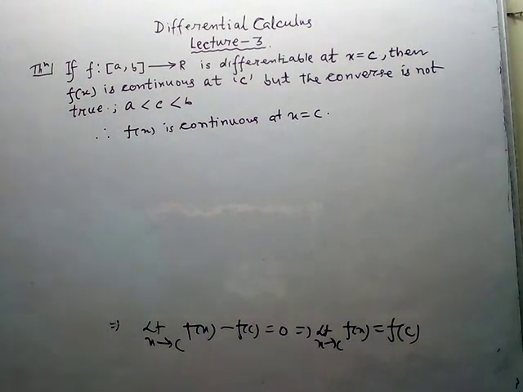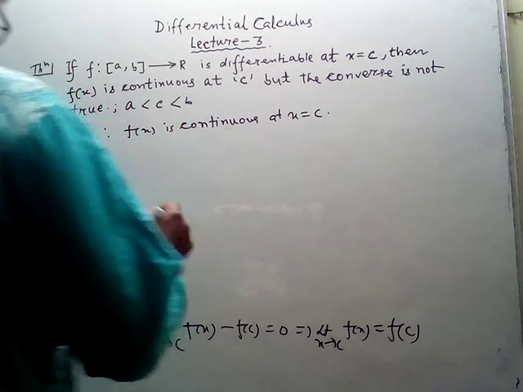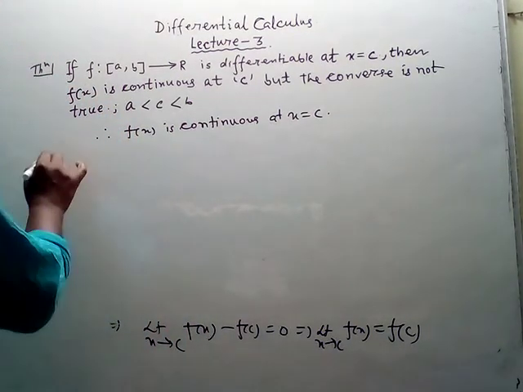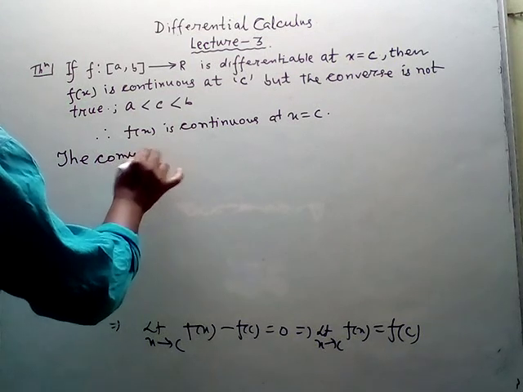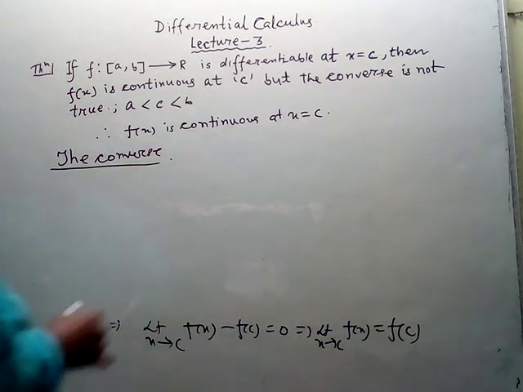So when a function is derivable at a point, then the function is continuous at that point. But the converse is not true. To prove the converse, we have to take an example.